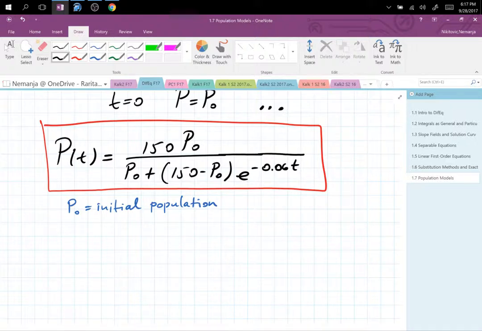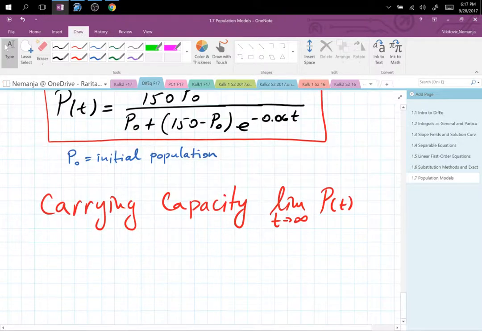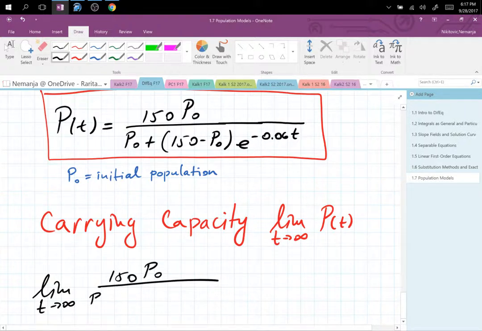So to find the carrying capacity, it's going to be the limit, as time goes to infinity, of P of t. So we take our model and hit it with the limit as t goes to infinity: 150 P0 divided by P0 plus (150 minus P0) e to the negative 0.06 t.